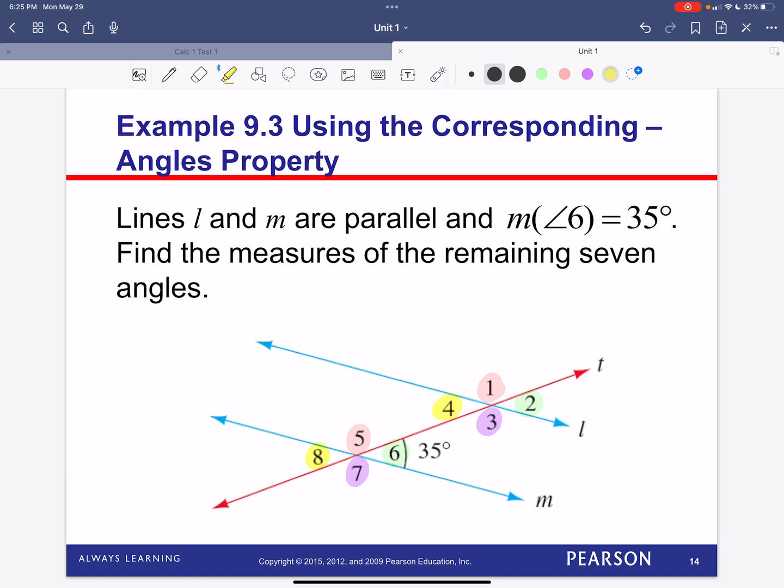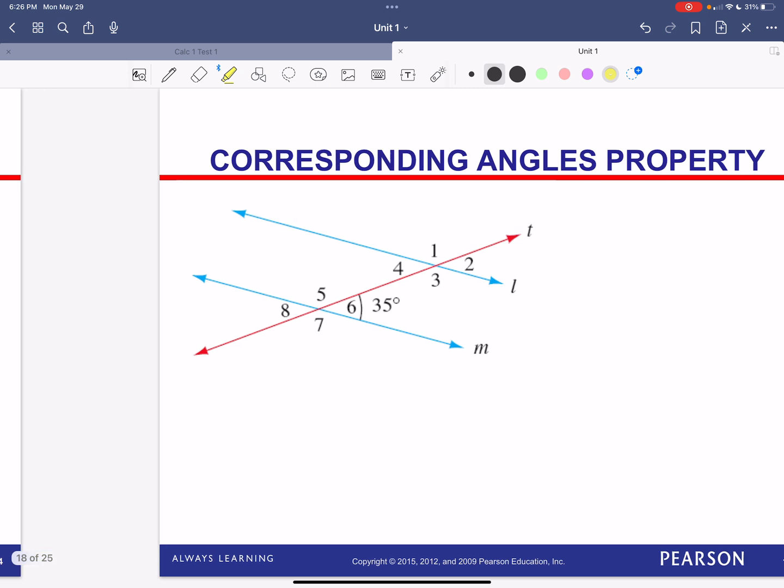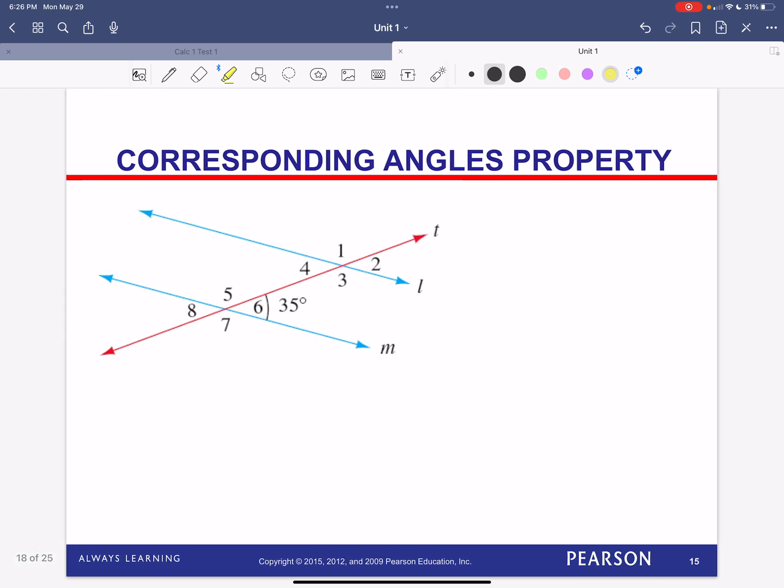We're going to use vertical angles, corresponding angles, and supplementary angles, which are two angles that equal 180 degrees, to determine all of the other measures of this figure, this geometric figure with parallel lines. We are told that this angle right here is 35 degrees.